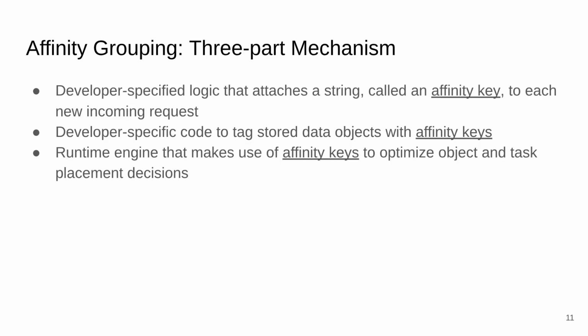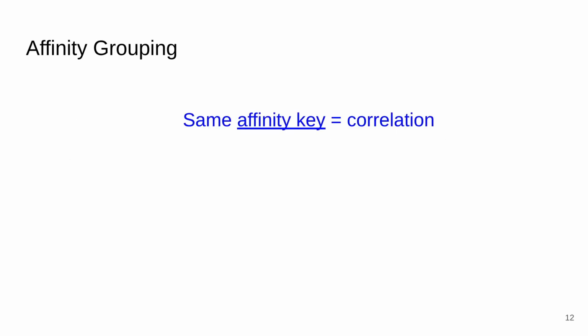And the same logic will also attach the affinity key to data objects to be stored. The last part of the mechanism is that the hosting platform has to make sure that these affinity keys are actually used for the placement decisions. And the assumption is that anything with the same affinity key is correlated.